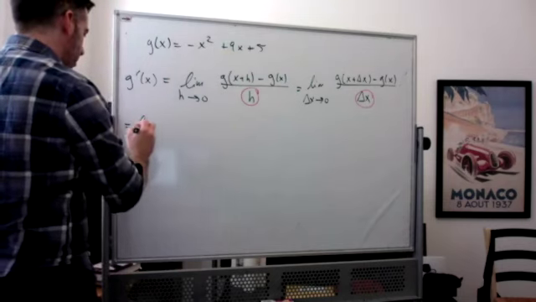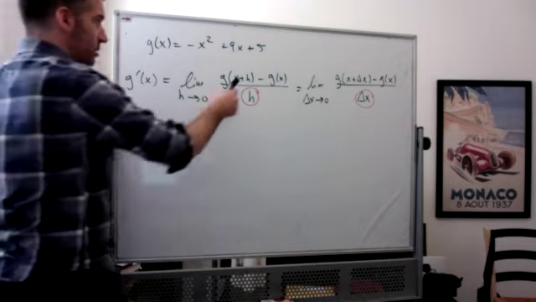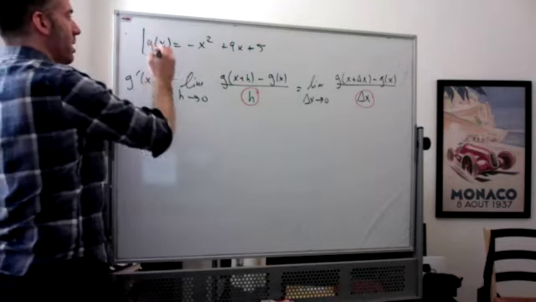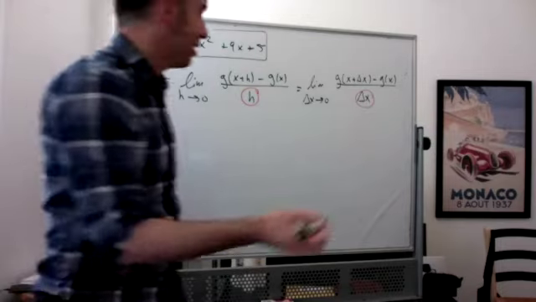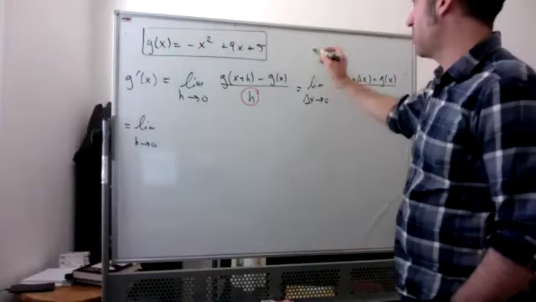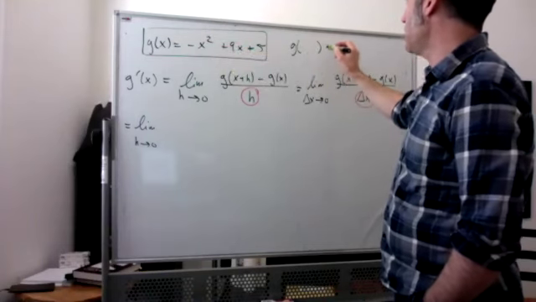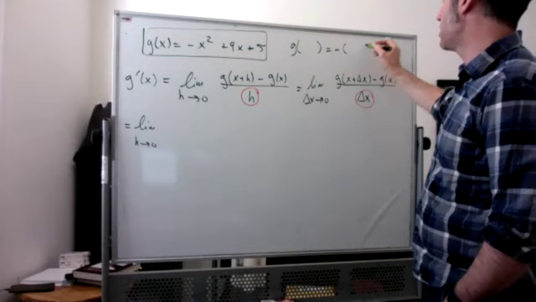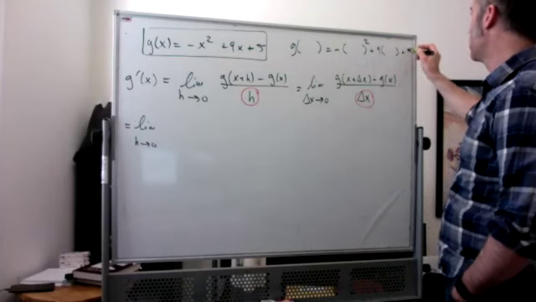And this is where it's really easy to make errors. So in fact, I think it's worthwhile, if I've got this already, which we should, because you can't really do the problem if they don't give you a function, it's probably not a bad idea to just say, okay, well, g of x is that. G of x plus h is going to be minus x plus h squared plus 9 times x plus h plus 5, right?